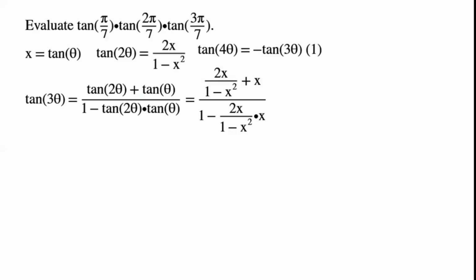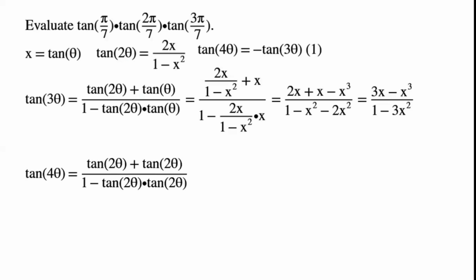Tan 2 theta equals 2x over 1 minus x squared in the trigonometric expression. After simplifying, we can now write equals 3x minus x cubed over 1 minus 3x squared.